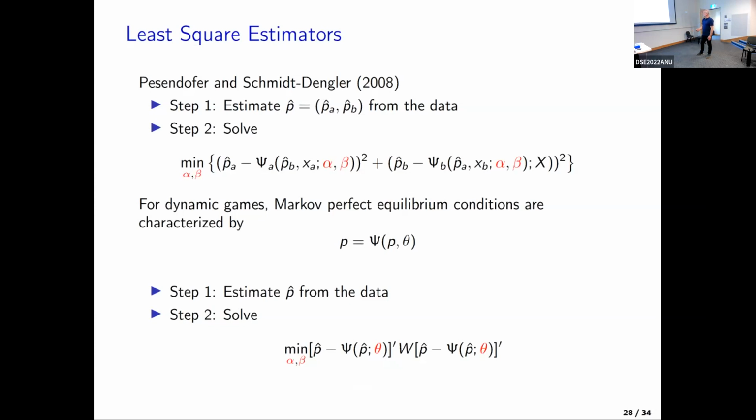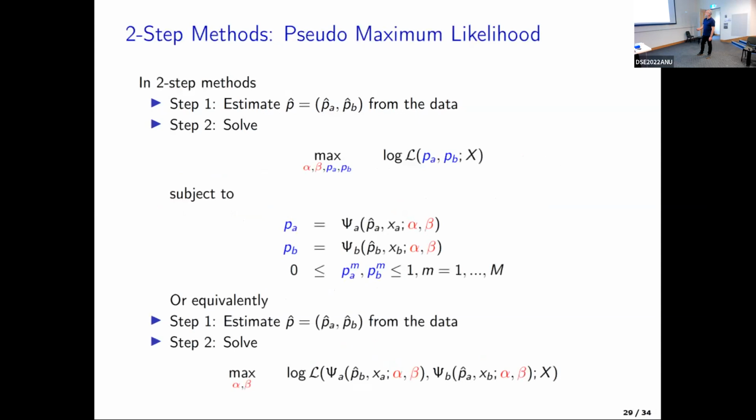I'm going to skip a little through this. Let's talk about the pseudo maximum likelihood, just for concreteness. The step is you estimate the CCPs, then you maximize the pseudo likelihood.